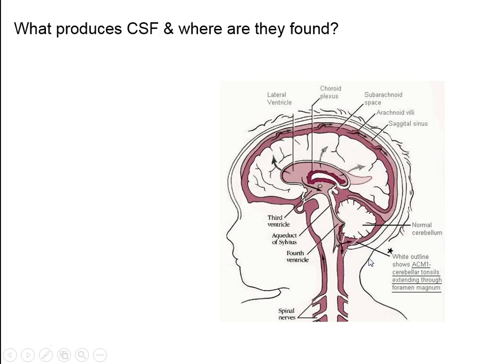Now, I said the cerebral spinal fluid also helped to protect the brain. In your brain, you have some cavities called ventricles. You should have learned about this in lab. You have the 3rd ventricle that's up above the thalamus, and then you have the 4th ventricle that's underneath the cerebellum, and then on either side of the septum pellucidum, which separates or holds the two hemispheres together, are the lateral ventricles.